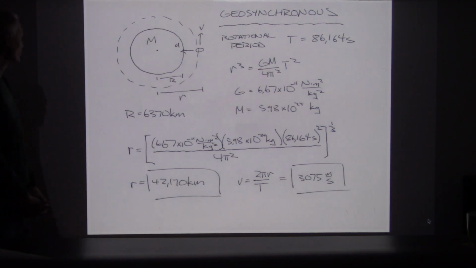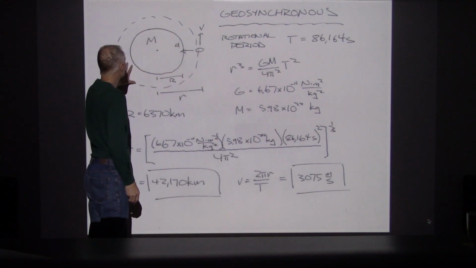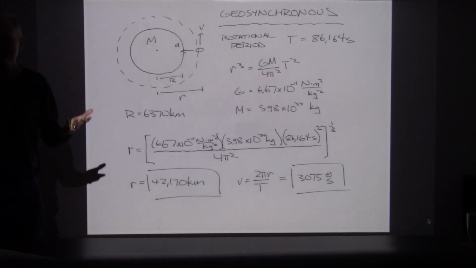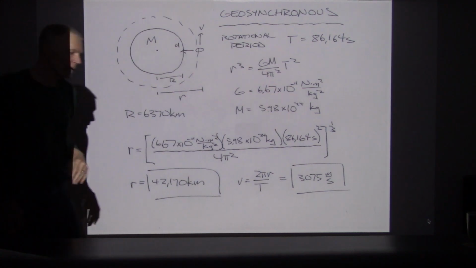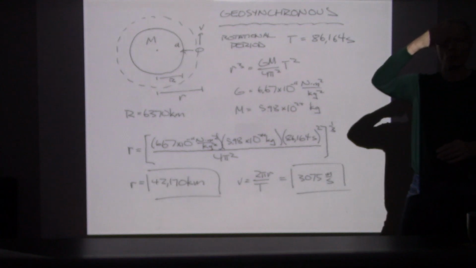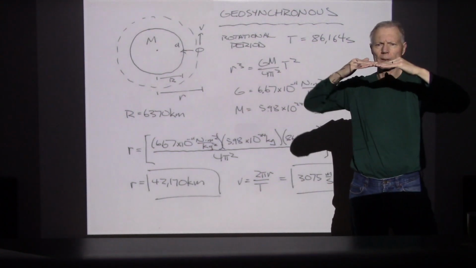So here's the restrictions. If you think about this, the plane of the orbit has to pass through the center of the Earth. Now that doesn't say that it has to be along the equator. It could be tipped, so you could have an orbit tipped relative to the equator.